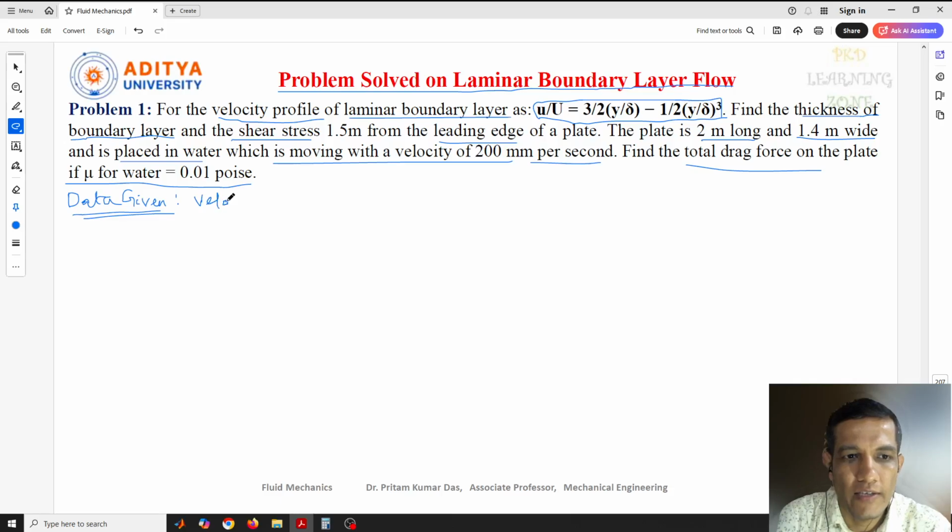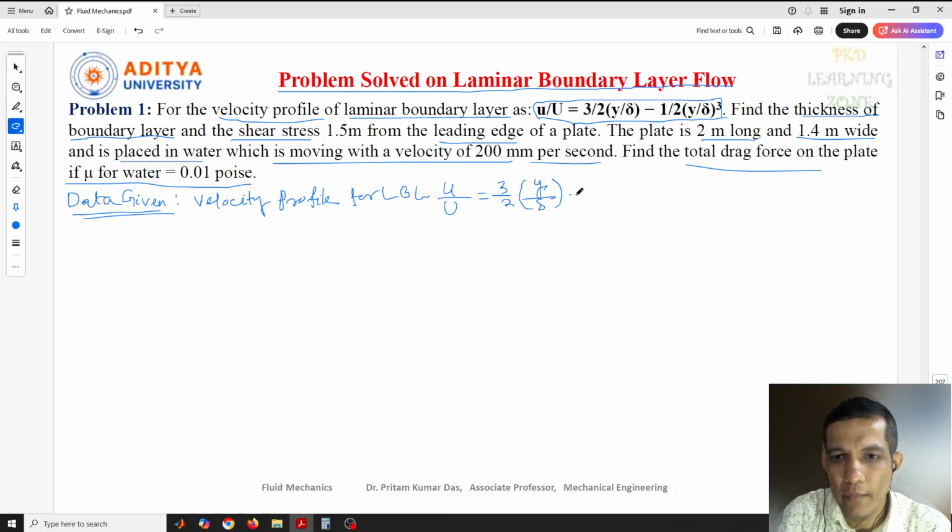The velocity profile for the laminar boundary layer is given as small u by capital U equal to 3 by 2 into y by delta minus 1 by 2 into y by delta whole cube. First we need to find delta, that is the thickness of the boundary layer.